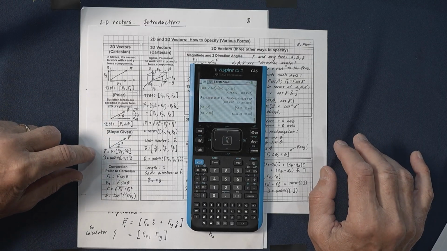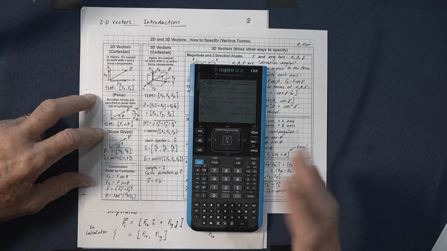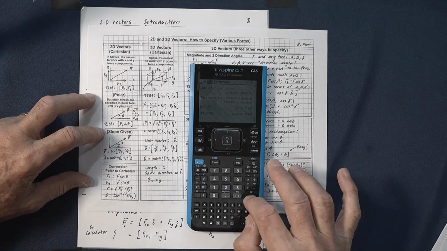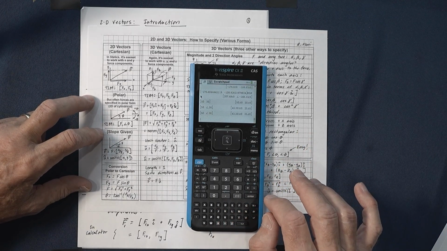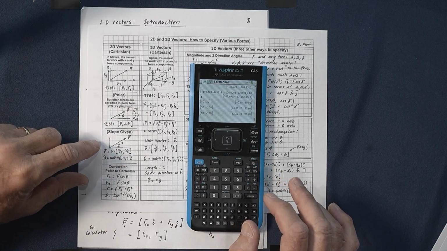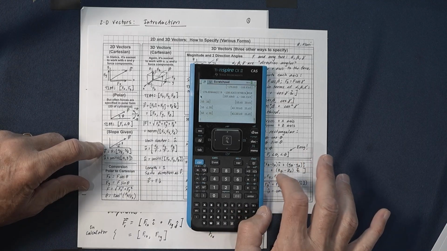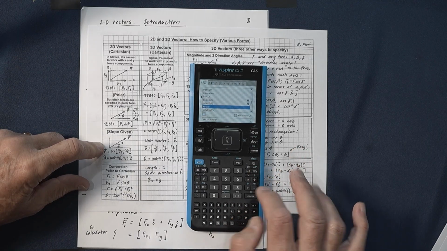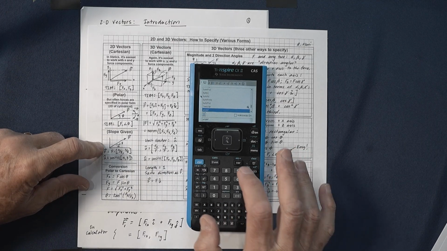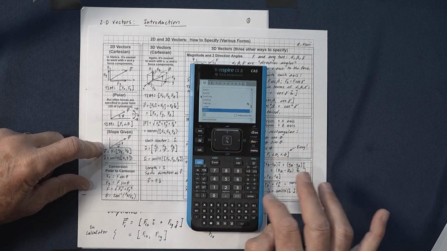If you're given a slope, the easiest way to deal with it, and again, we'll show you some examples of this, is like, let's say this is a 3/4 slope. You can go to the unit vector function. If you hit catalog and go to U, it takes you to the functions that begin with U, and there's a unitV function.